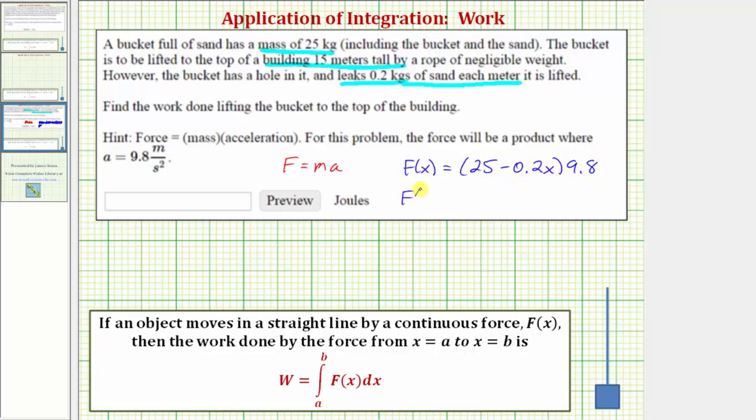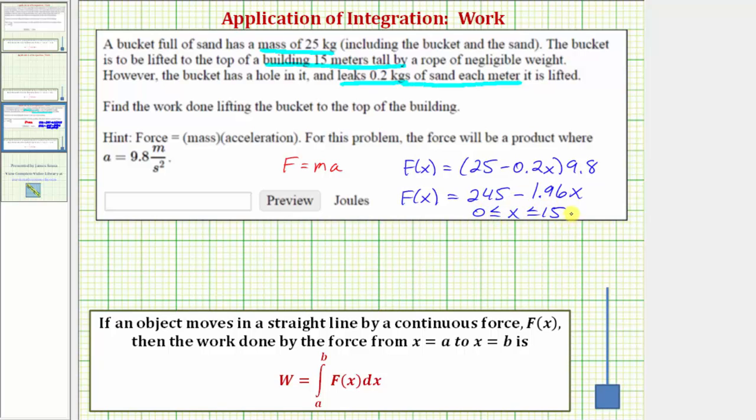So big F of x is equal to 9.8 times 25, which is 245, minus 9.8 times 0.2x, which is 1.96x. And because the bucket full of sand is lifted to the top of a 15-meter tall building, we know x will be greater than or equal to 0 and less than or equal to 15.